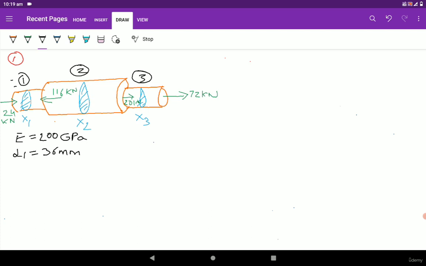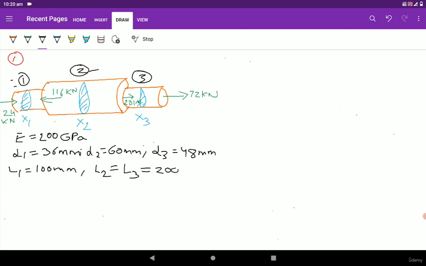Diameter of the second component is D2 equal to 60 millimeter. Diameter of the third component is 48 millimeter. Now the length of the first component, L1, is equal to 100 mm. The length of the second component is equal to the length of the third component, that is L2 equal to L3, which is equal to 200 mm.